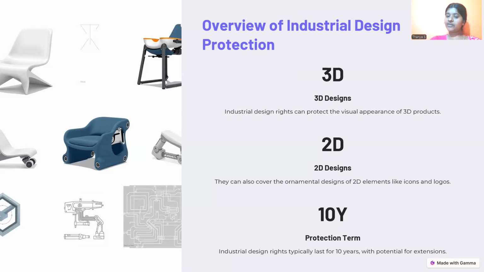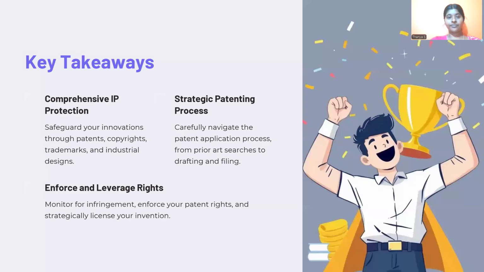They can also cover the ornamental designs of 2D elements like icons and logos. Next is the 10-year protection term. Industrial design rights typically last for 10 years with a potential for extensions. As I said, if you want to extend your term, you can do it.